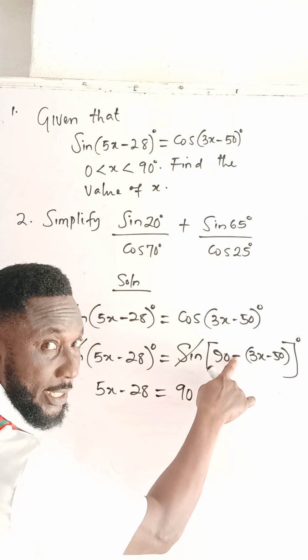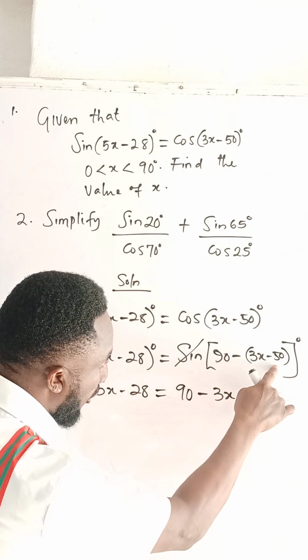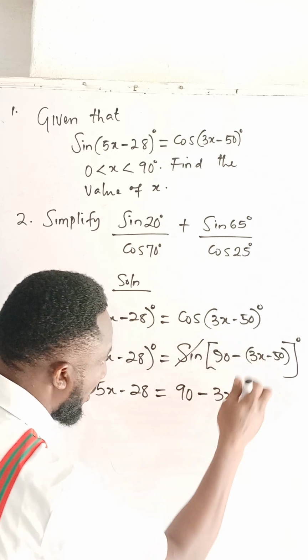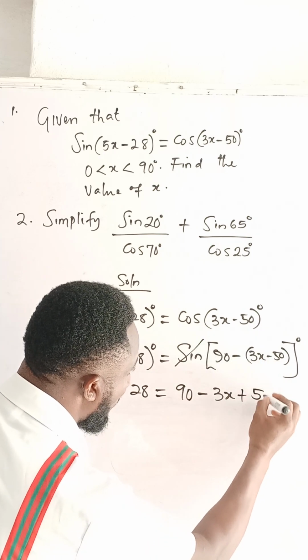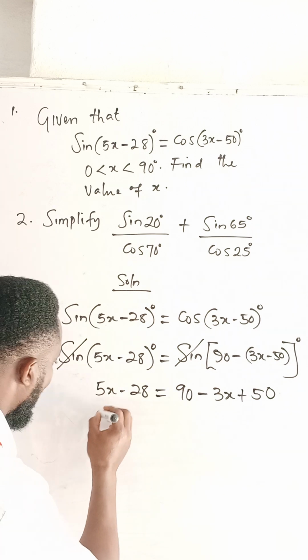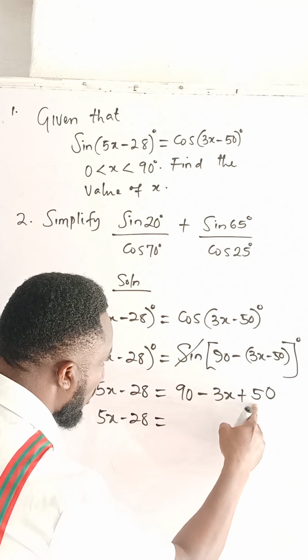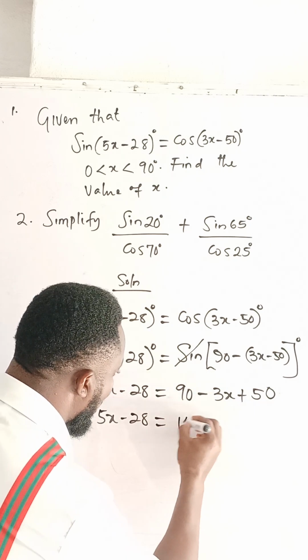We are opening the inner parentheses. Minus multiply plus is minus. Minus multiply minus, or negative multiply negative, that's positive. So we have 50. Collecting like terms further, this is 5x minus 28 equals 90 plus 50, which is 140.